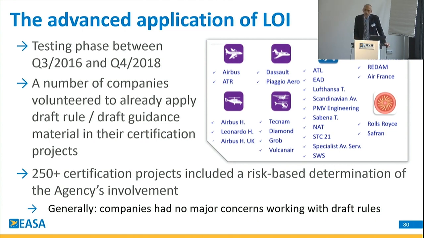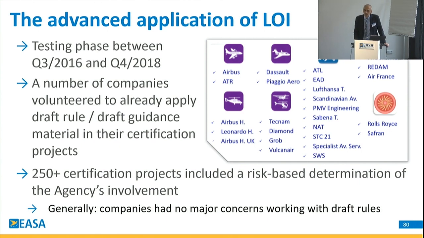This advanced application phase started in October 2016 and was completed in December 2018. So it's more than 2 years. We advertised this initiative as much as we could. We presented it during the DOA certification workshop and during the STC workshop, and ASD also made an internal presentation of this initiative.